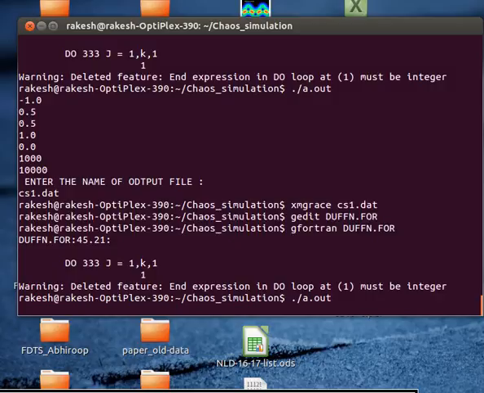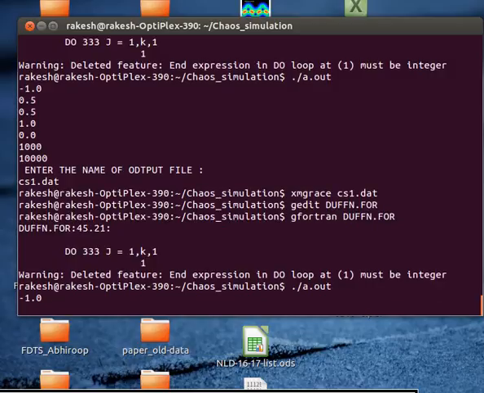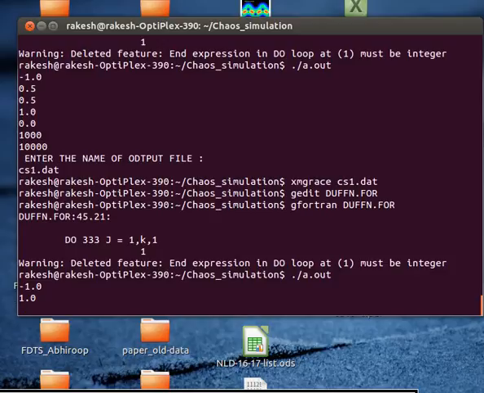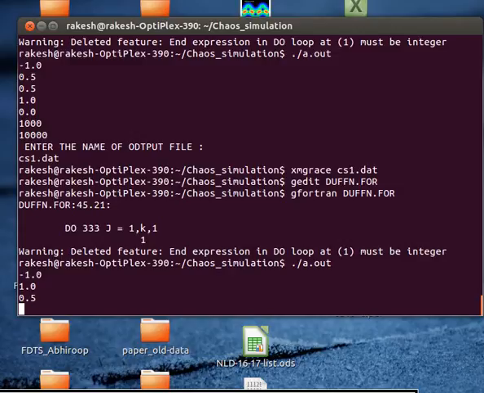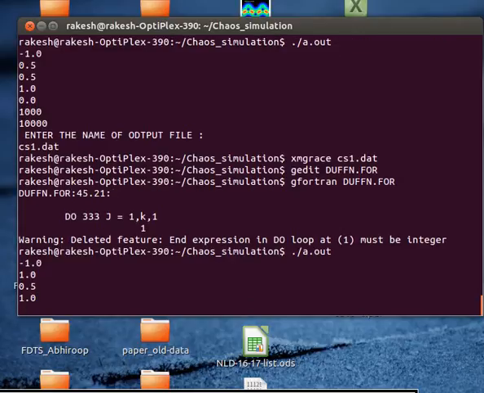So you need omega naught square, which is minus 1.0, this is your first input. Then beta is 1, I guess, yeah. Then alpha, which is 0.5, then omega, which is 1.0, and then f.